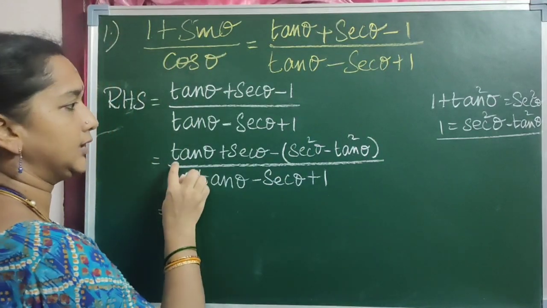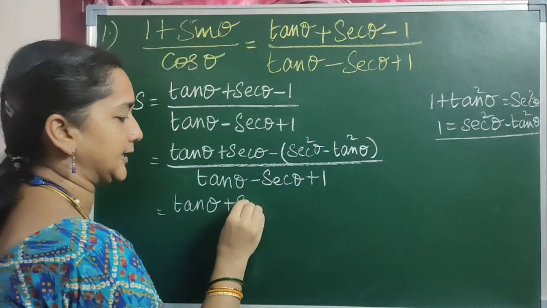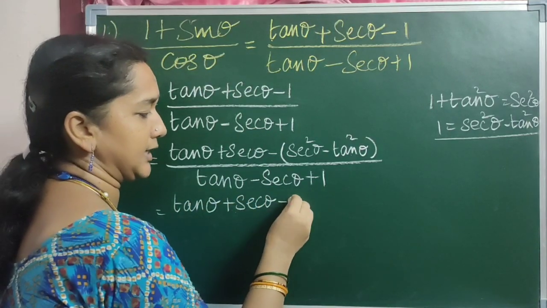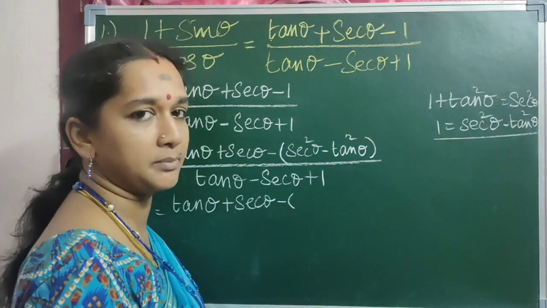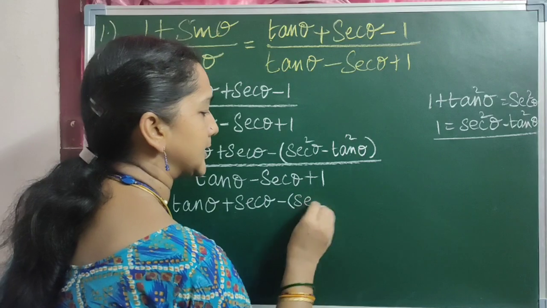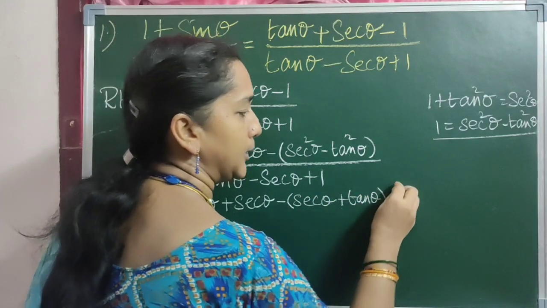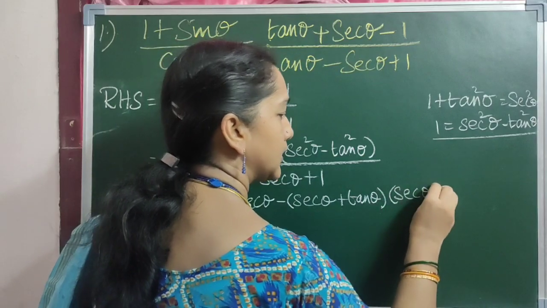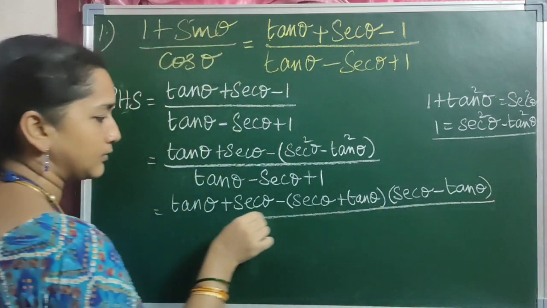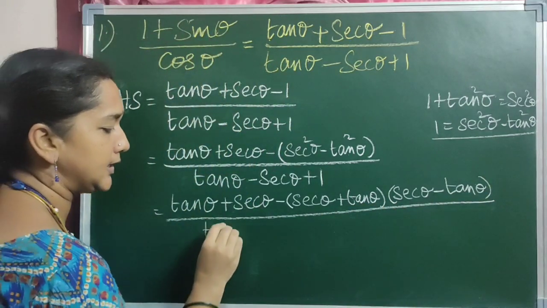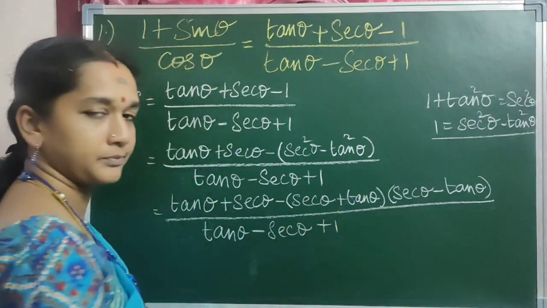Okay, so first one I am writing as it is, tan theta plus secant theta minus, and this one I am rewriting as secant squared theta minus tan squared theta, which is in the form a squared minus b squared. So I am writing it as (a plus b) into (a minus b), by tan theta minus secant theta plus 1.